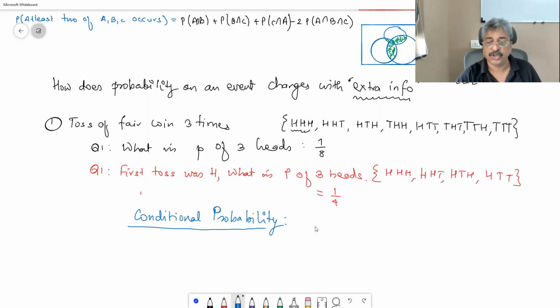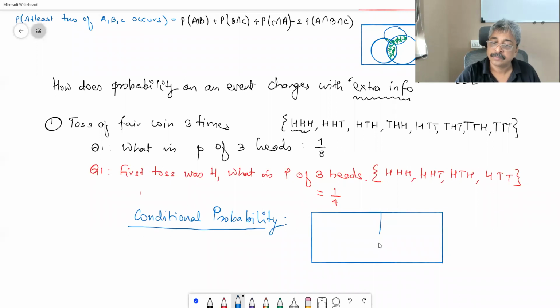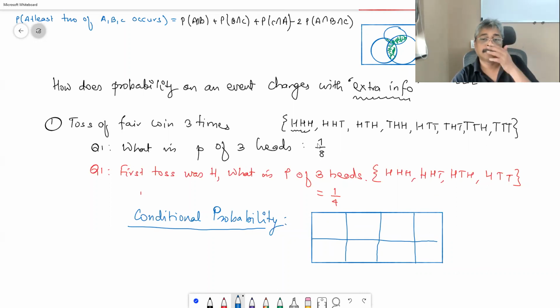So if I want to show it to you geometrically, what we are discussing is, these are the 8, maybe H, H, H, H, H, T, H, T, H, H, T, T, and then remaining 4 are here.